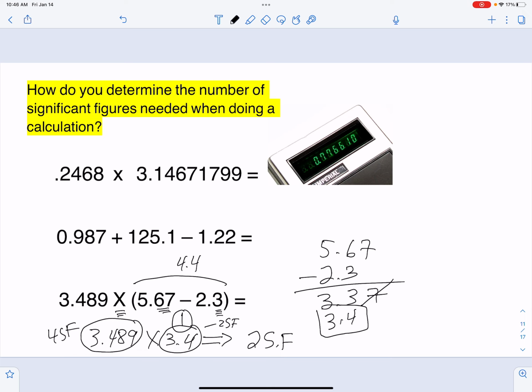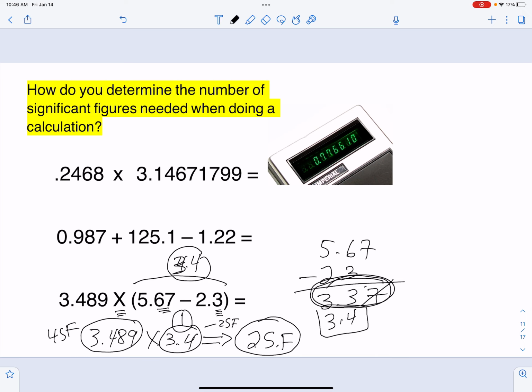But there's something that you have to keep in mind. When you have a combined operation like this, we're not going to say that it's 3.4 and then do the multiplication. What you're going to do is use every single number. So 3.37 multiplied by 3.489. And then when you get the result, you're going to make sure that it only has 2 significant figures.